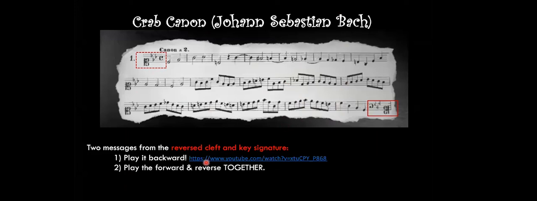Basically, this message is saying one should play the forward and backward tune simultaneously. Now imagine playing Stairway to Heaven and its reversed track simultaneously. You can try it out yourself. I tried it and it truly didn't make much sense to me. But what about doing the same thing to the Crab Canon? That's what we're going to find out now.